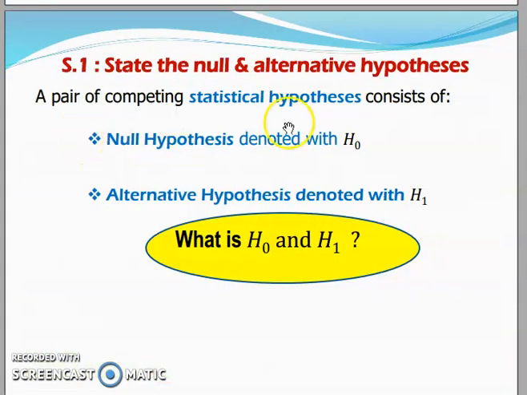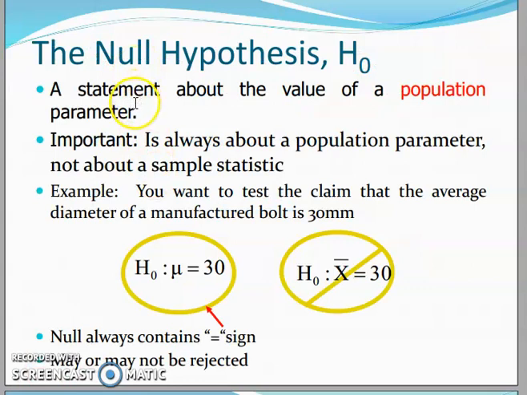A pair of competing statistical hypotheses consists of null hypothesis denoted with H null and alternative hypothesis denoted with H1. So what is H null and H1? H null is a statement about the value of a population parameter. It is important to note that it is always about the population parameter, not about the sample statistic.